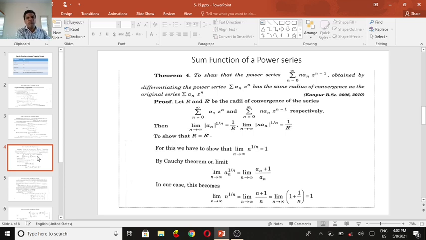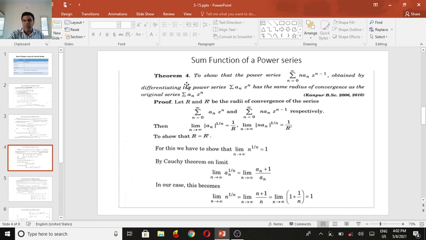We want to show that the power series summation an z^(n-1), obtained by differentiating the power series summation an z^n, has the same radius of convergence as the original given series summation an z^n.